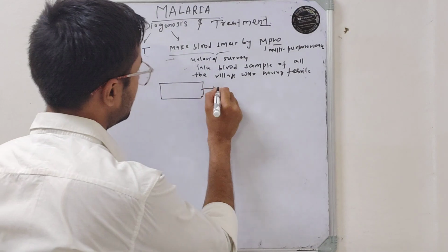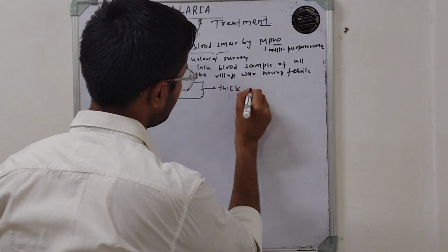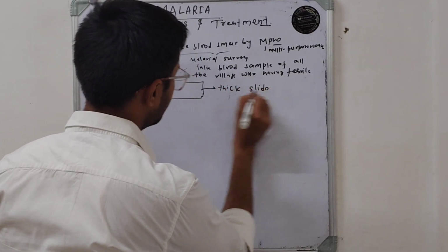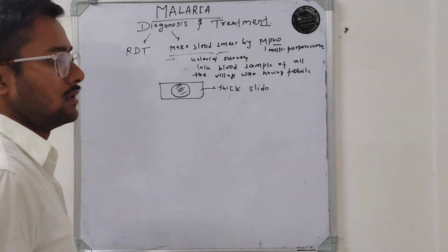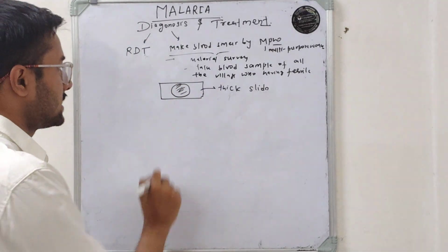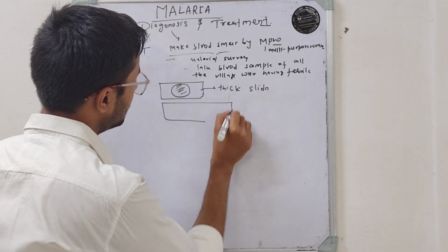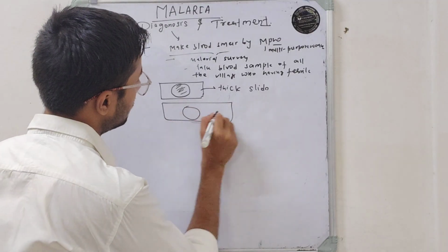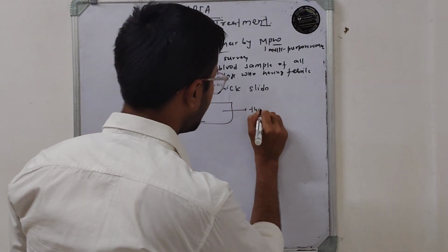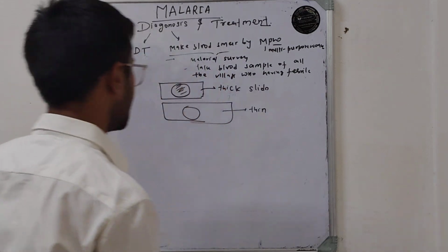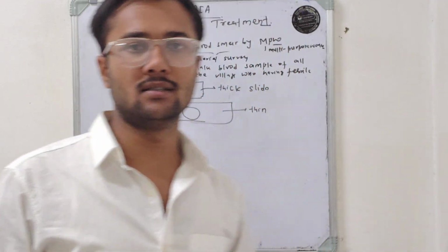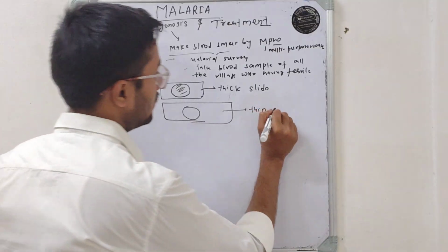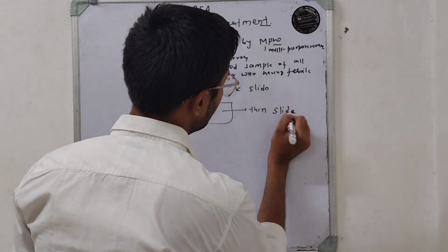One is a thick slide. Thick slide means it contains more blood droplets, and the other is a thin slide. Why do they make two slides?